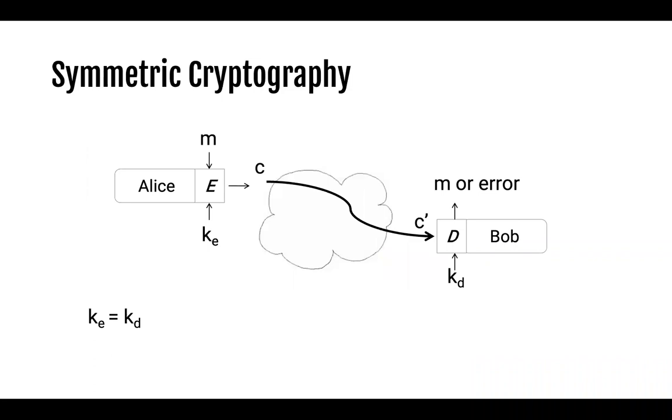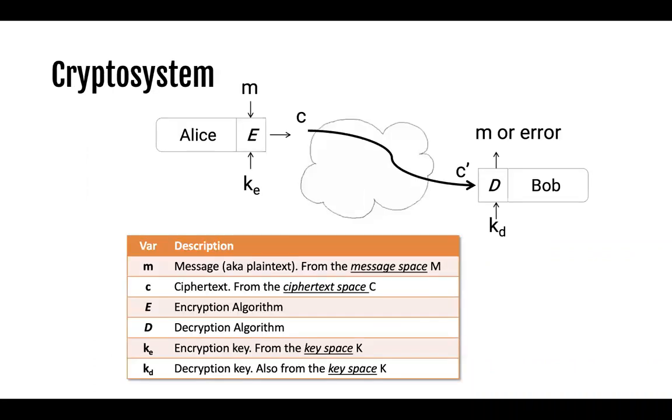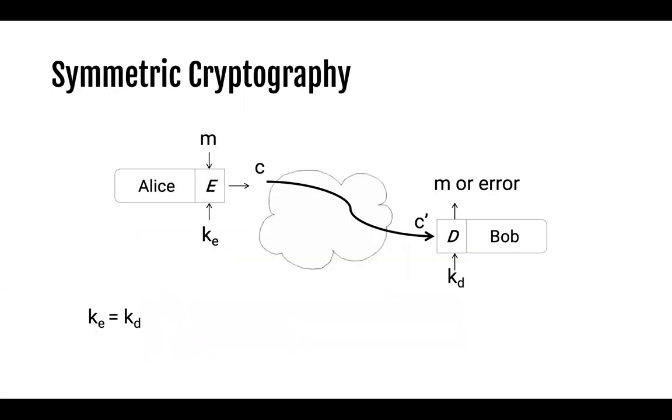Okay, so this is the definition of a crypto system. And usually the way that people design modern crypto systems can be divided into two different categories. One is called symmetric cryptography, and the other is called asymmetric cryptography.